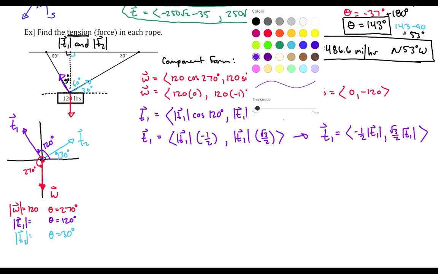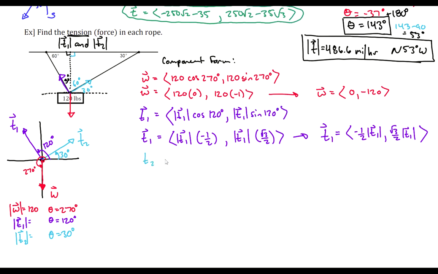Then we've got our second one. Let's keep it in blue. So our T2 is still, we don't know the actual magnitude, so we'll use the variable, the magnitude of T2, but we can fit in cosine of 30, comma, magnitude of T2, sine of 30.